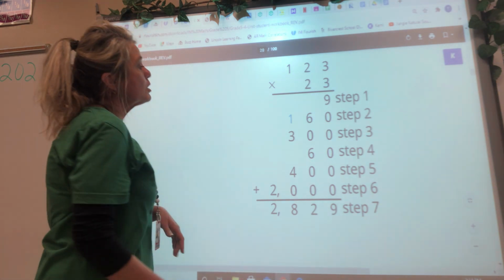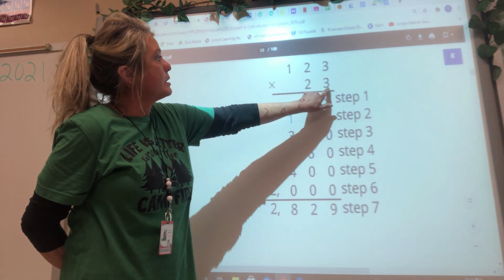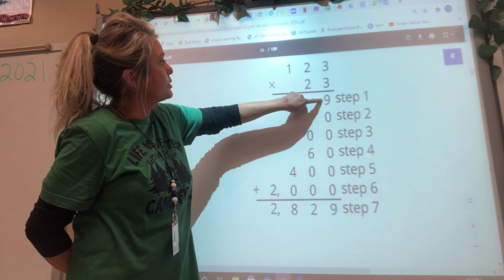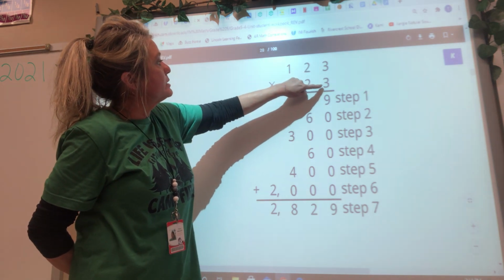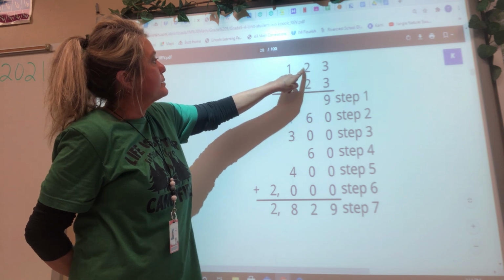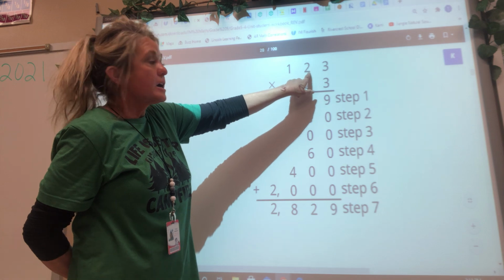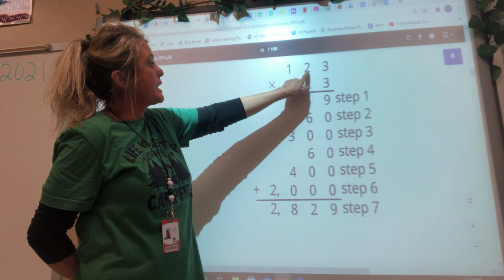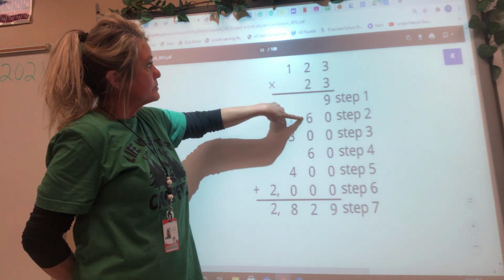So Diego took the first number on the bottom, and he multiplied it times the first number on top, and that's where he got his 9. Then he moved to the next number, 3 times 2. But it's not just a 2. Remember, it's in the tens place, so it would be 3 times 20, which is where he got his 60.